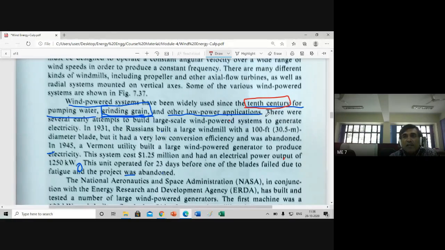Now let us go ahead. There were several early attempts to build large-scale wind powered systems to generate electricity.